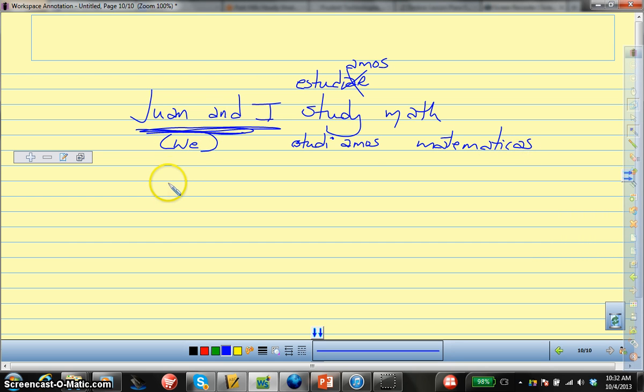So this sentence, when you translate it into Spanish, putting all the pieces together, it will be Juan y yo estudiamos matemáticas.